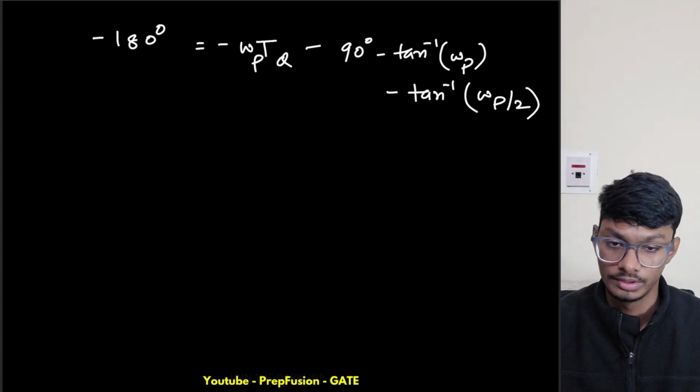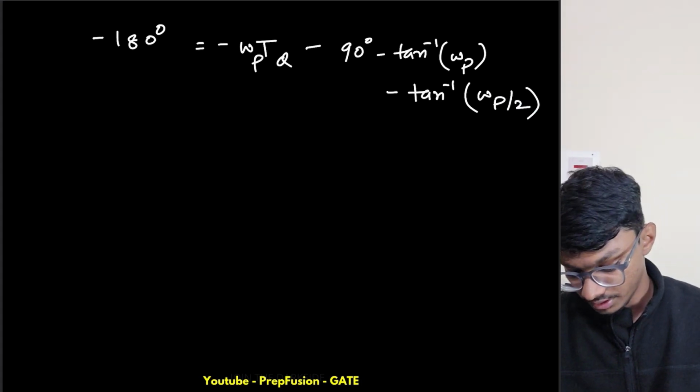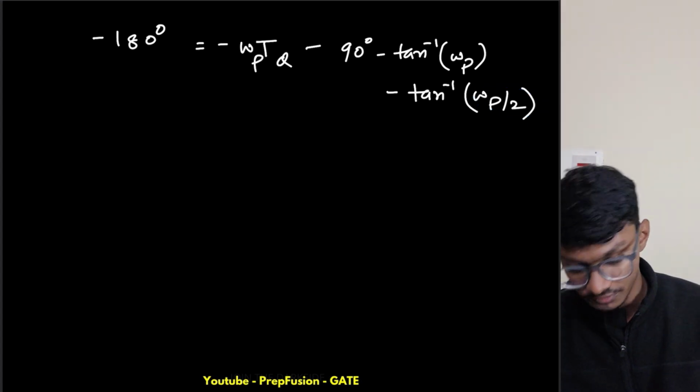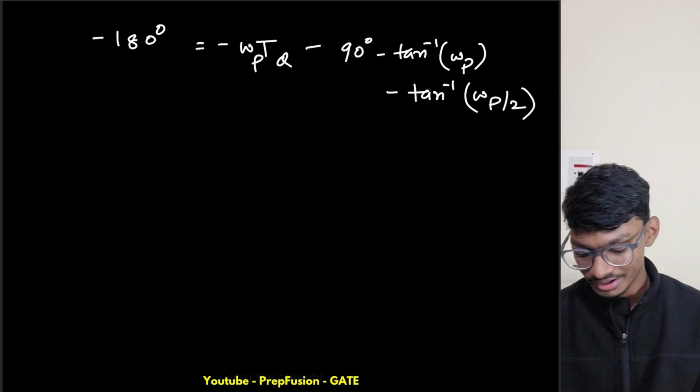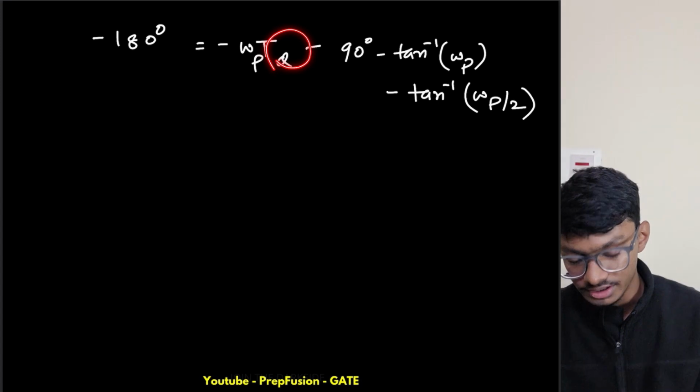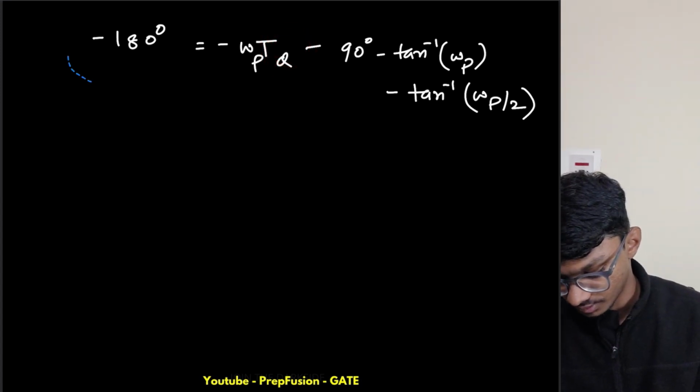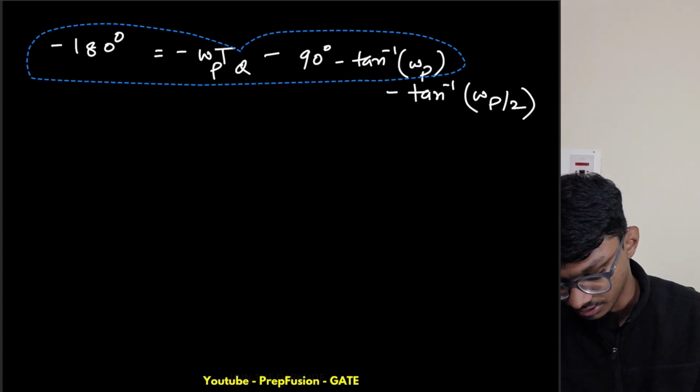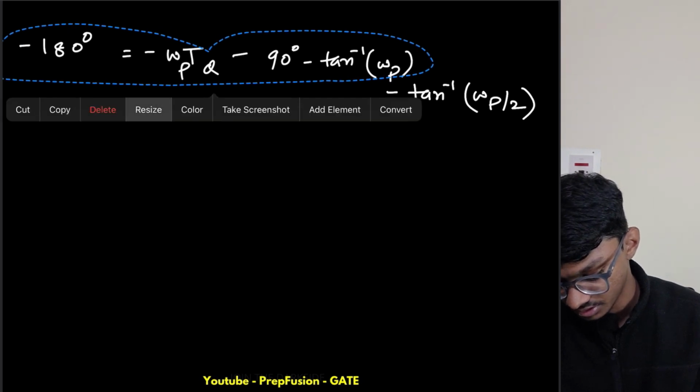Now, can we solve this equation simply? The answer is no. Obviously we don't know td, so let's assume td equals 1. Else you will not be able to solve this equation.